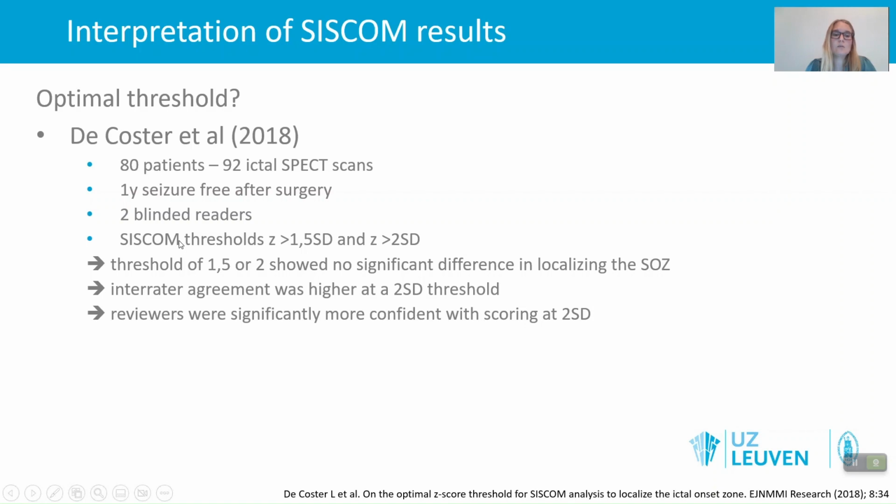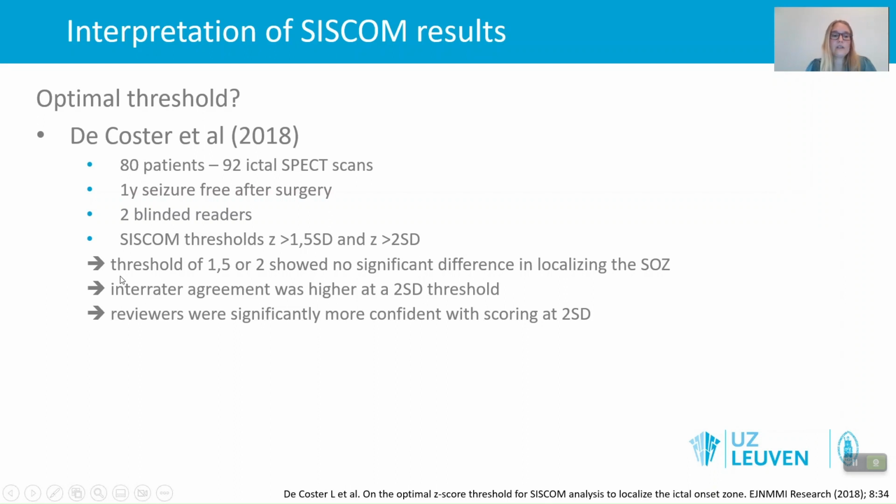And SISCOM images were given to 2 blinded readers, 2 experts in nuclear medicine with more than 10 years of experience. They were fully blinded to all the clinical information. The only information they got was whether it was a SISCOM threshold at 1.5 or 2 standard deviations.